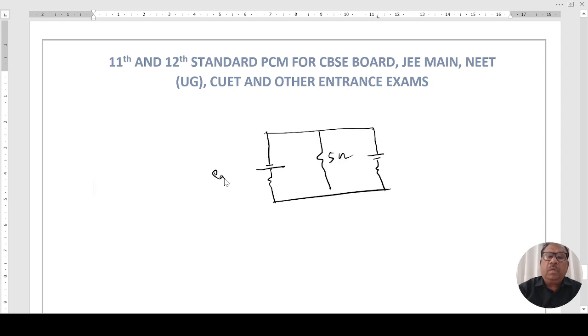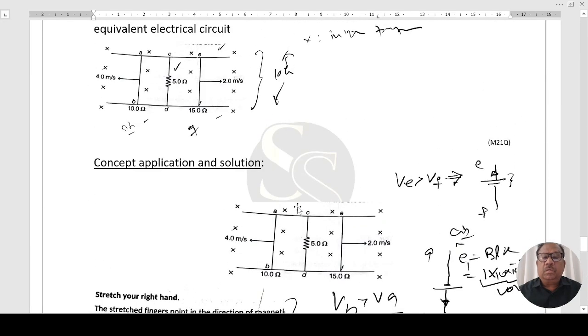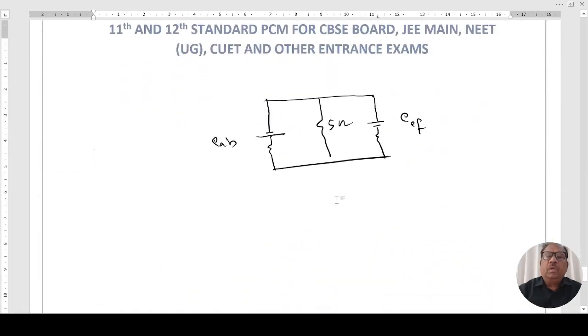This is E of AB, this is E of EF, this is 10 ohm and this is 15 ohm.